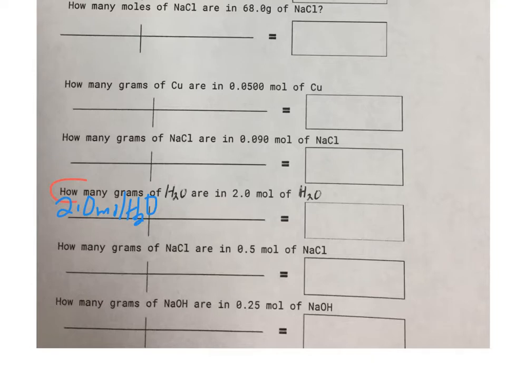All right, so what's my next step here? How am I going to cancel this out? You have to put it on the bottom. So the mole goes on the bottom of H2O. Now, how do I get my mole? It's 1, because 1 mole is going to give you that molar mass. So what's going to go on top?